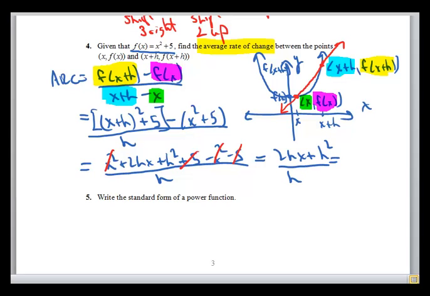I can factor out an h in the numerator, and now I can cancel the h's in the numerator and denominator, and I would just end up with 2x plus h. So that is my average rate of change.